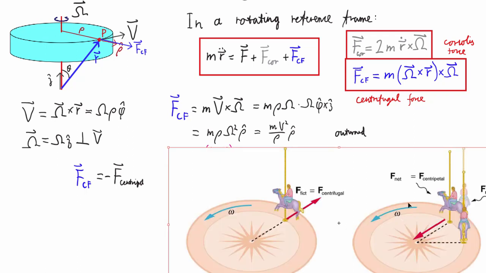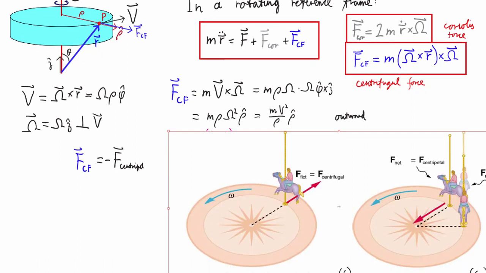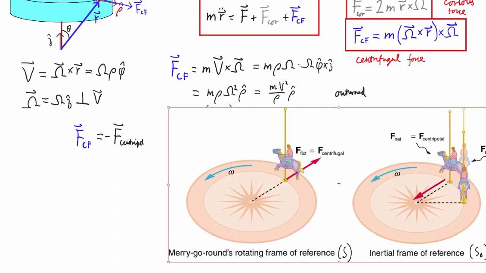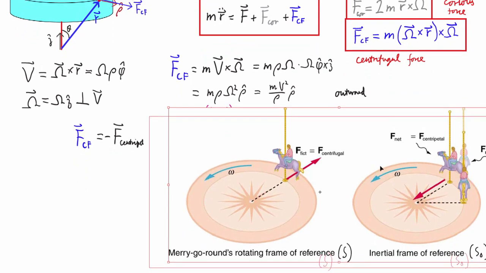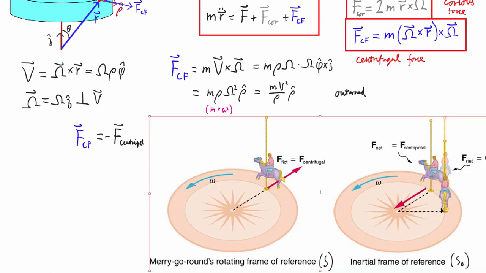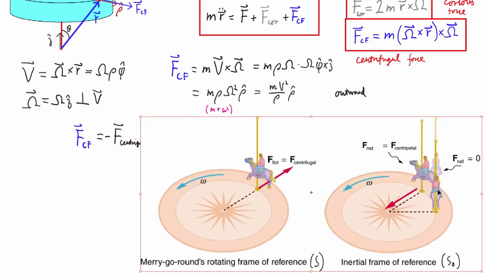If we look at a merry-go-round, first in the inertial frame of reference, that's S naught, there is a centripetal force that makes you move in a circle if you follow around the rotation of this merry-go-round. If the net force on this horse were 0, then it would go in a straight line straight off the merry-go-round. So there's a net centripetal force.